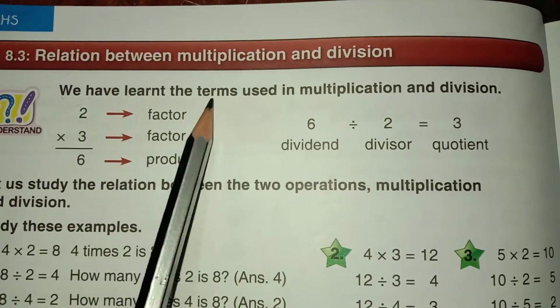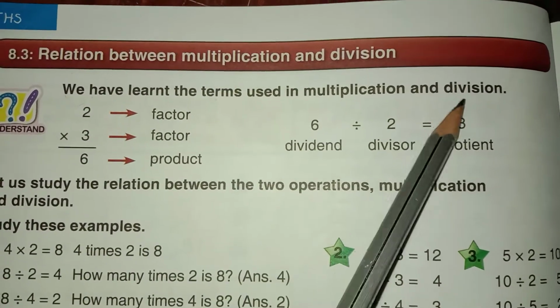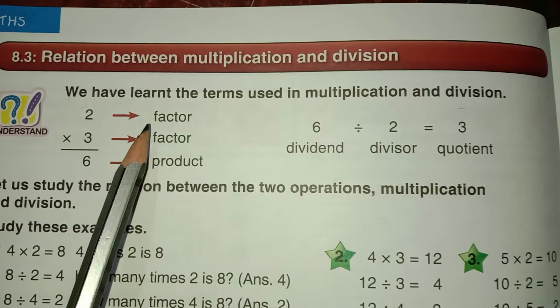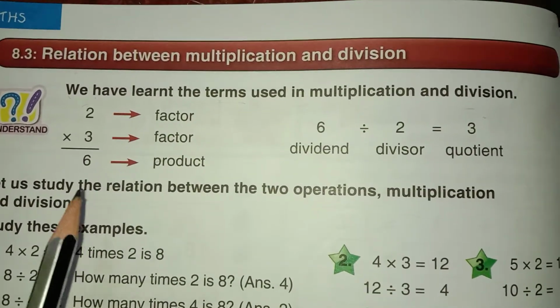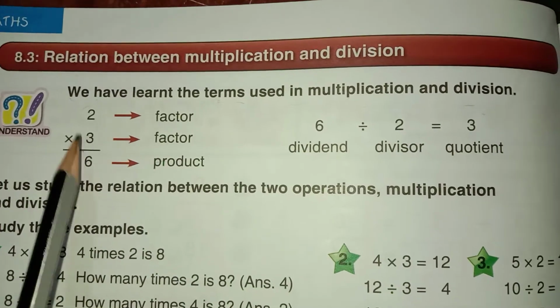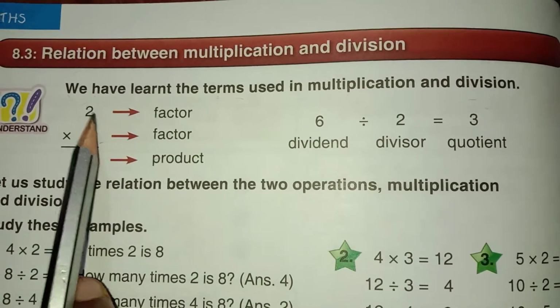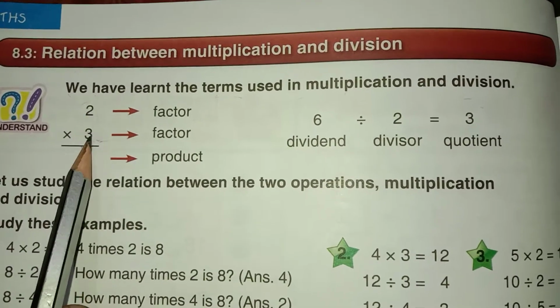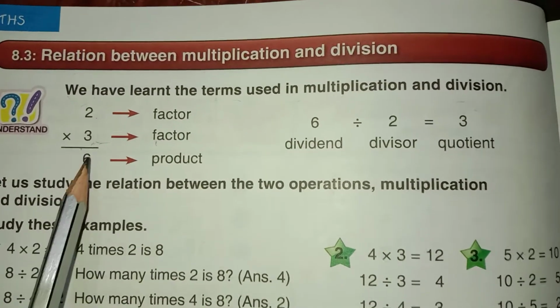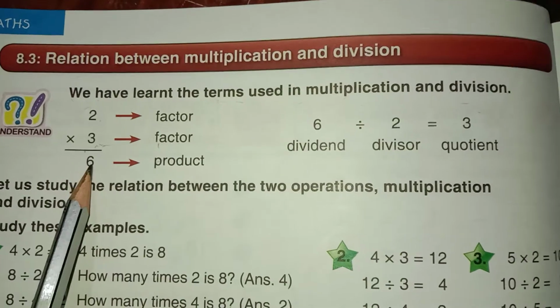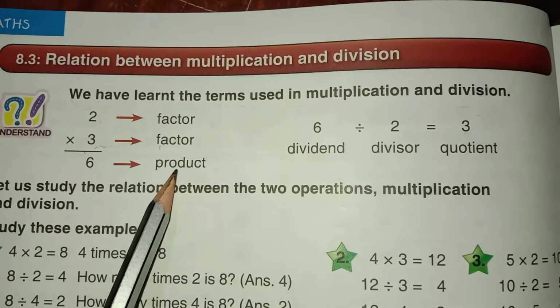We have already learned the terms used in multiplication and division. Remember, in the multiplication 2 into 3, 2 is a factor, 3 is also a factor, and the answer is called the product.